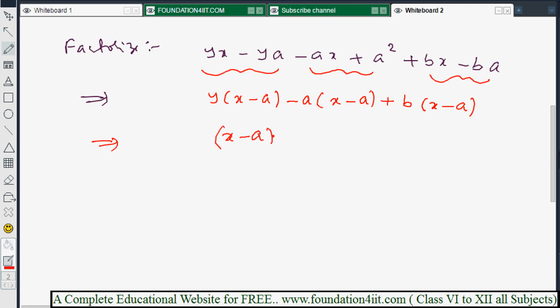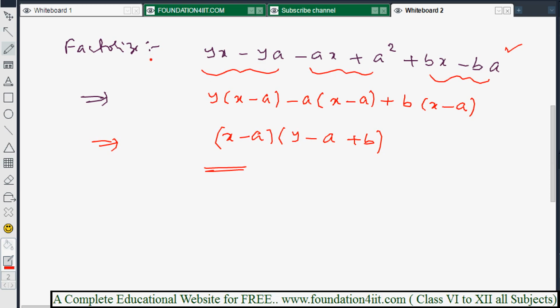So there are 3 polynomial multipliers here: y is the first term, minus a the second, and plus b the third. So combined, x minus a into y minus a plus b is the product. In case more than 4 terms are given, by observing the question clearly you'll understand and can make it.